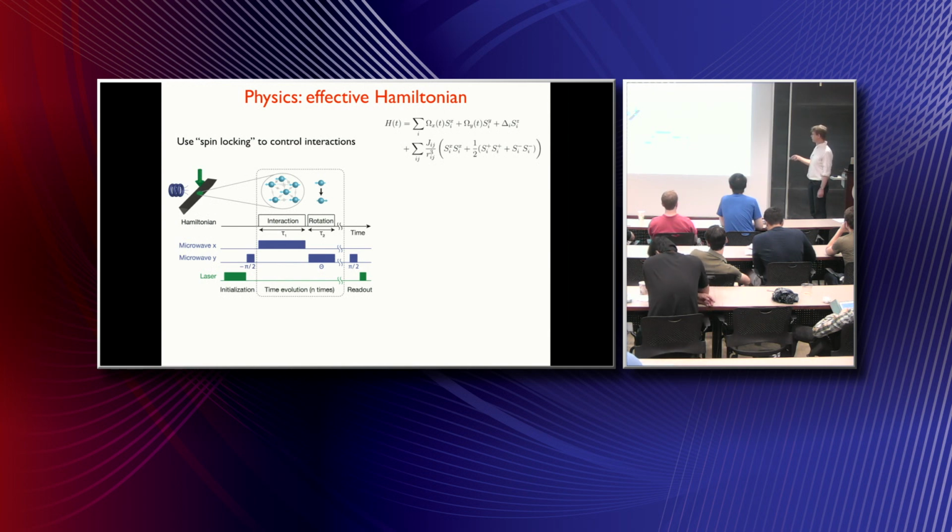We actually apply the so-called spin locking sequence. We apply a microwave pulse in the y direction, and what it does is take this complicated Hamiltonian and transform it into something a lot simpler, and actually a lot closer to what Vedika and coworkers suggested.